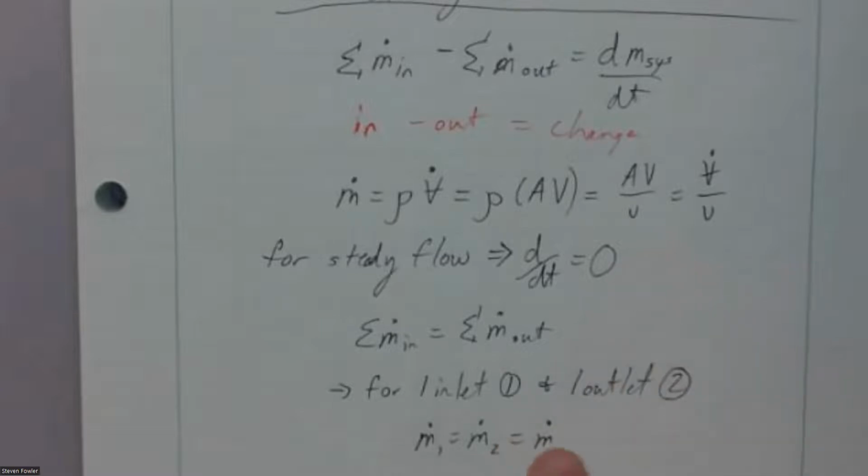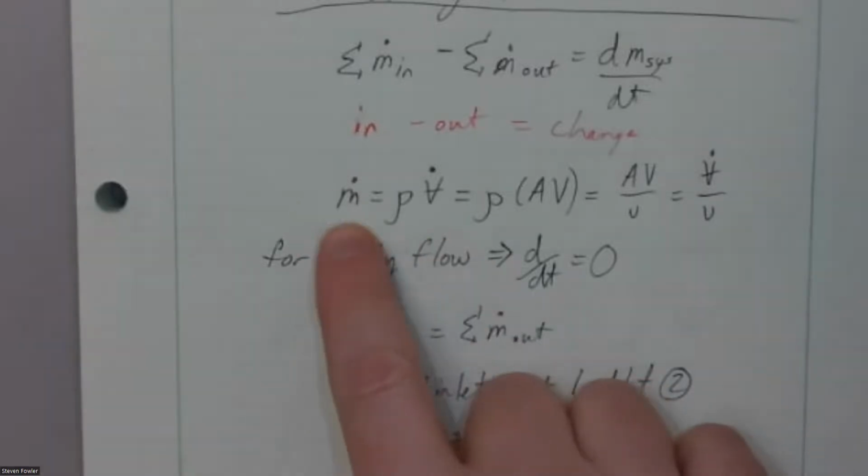How do I find that m dot? A variety of ways. It depends on what I know. What do I know about the inlet and the outlet? If I know that variety of terms there, that would get me there. I only need to know those properties at one of them, the inlet or the outlet, to find the m dot.